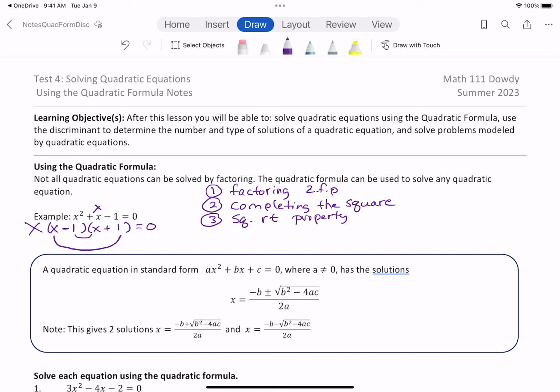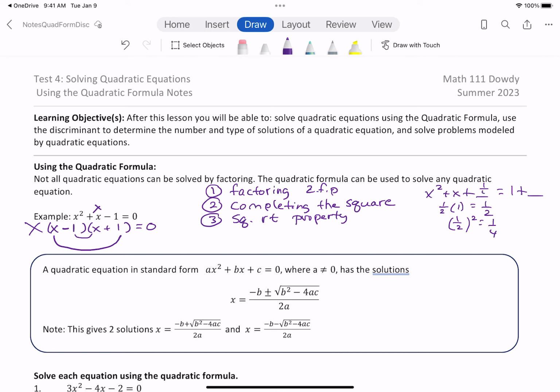If I tried to complete the square, we did this back in the first lesson for this chapter. We would have to move the 1 to the right hand side. And then you remember we have to take half of the number that's in front of the linear term. And then we square that.